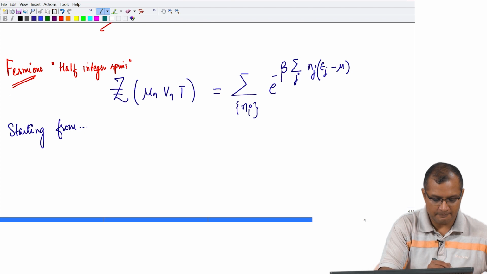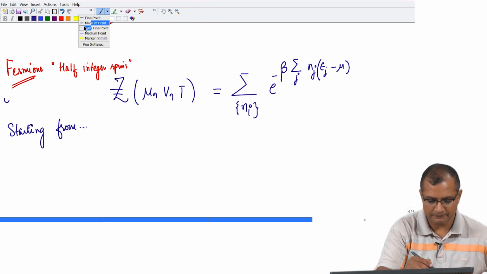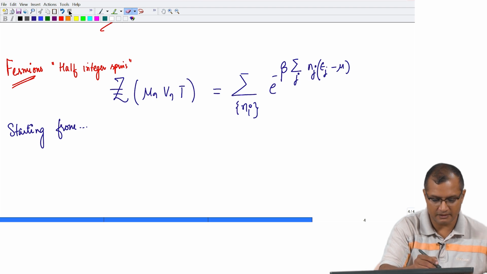So, the fermionic wave function has an odd parity. I am going to write this as a reminder here.